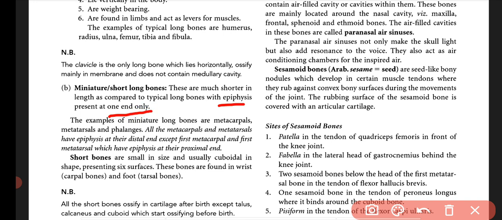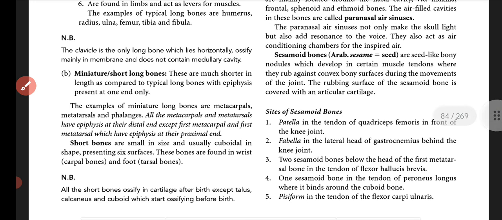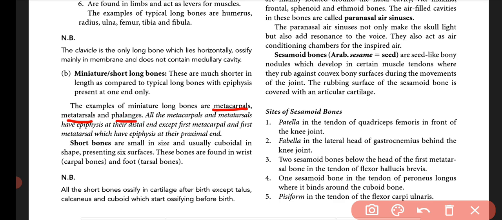This is the difference. Examples of miniature long bones are the metacarpals, metatarsals, and phalanges. The metacarpals or metatarsals have epiphysis at their distal end only, except for the first metacarpal and first metatarsal, which have epiphysis at the proximal end only.